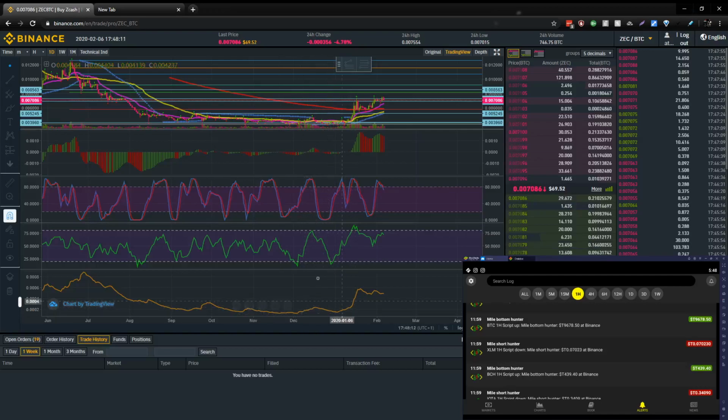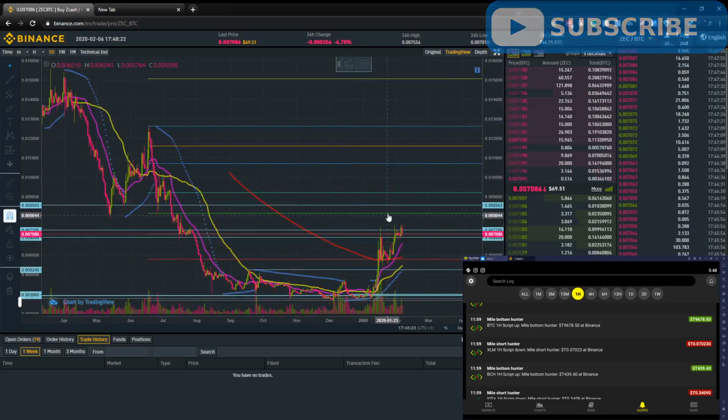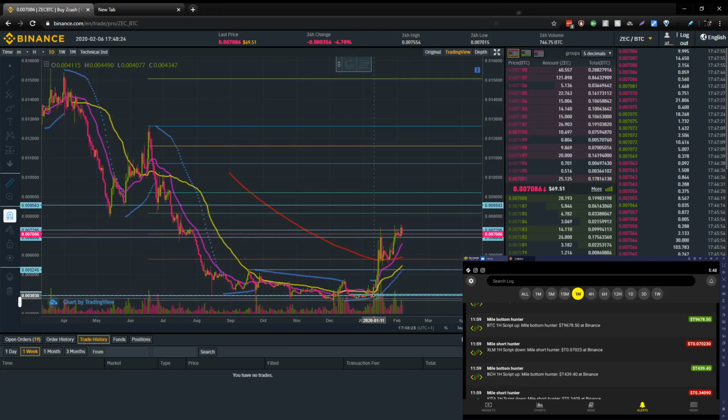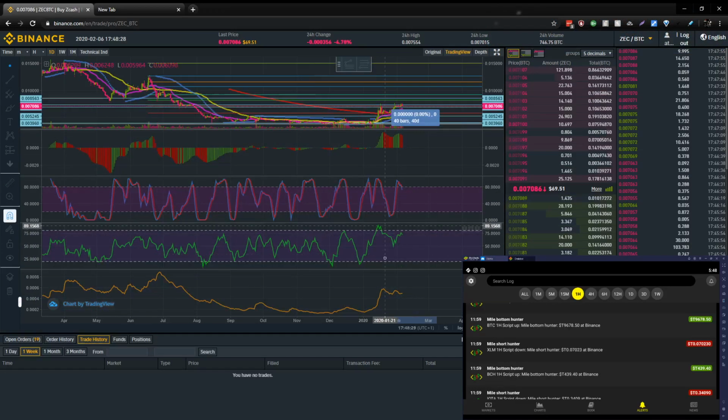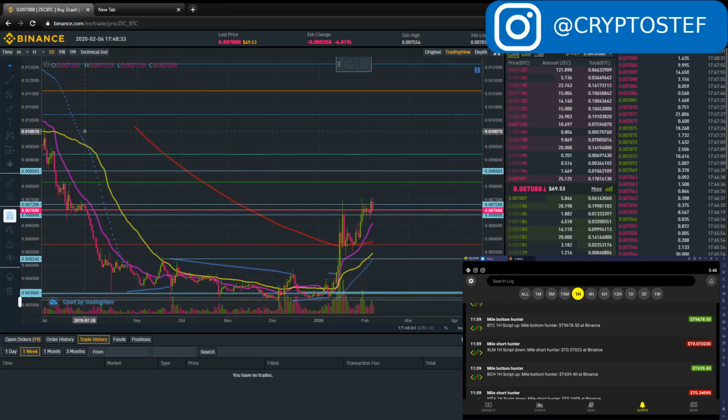Here there is high volatility, and look at this, no volatility, no volatility, and when there is low volatility you have a breakout. Price goes from low volatility to high volatility. So right now it's high volatility.